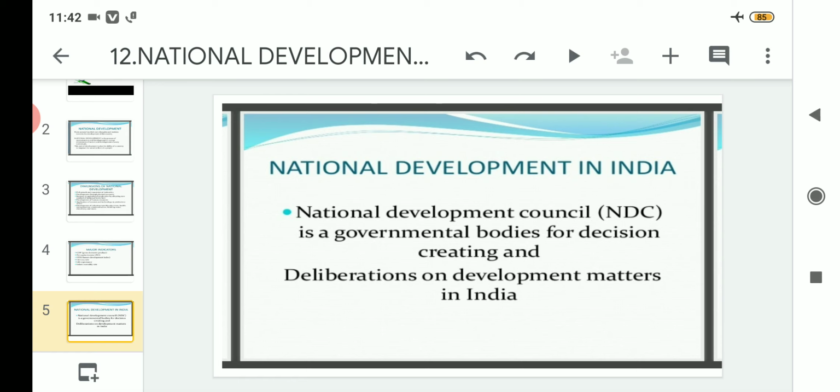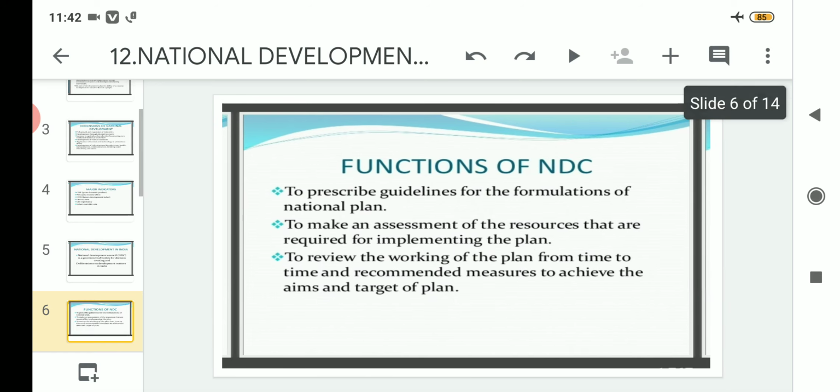Clear? So NDC is purely a governmental body. It is the undertaking of the government that works for decision creating, and after that it deliberates on developmental matters in India.